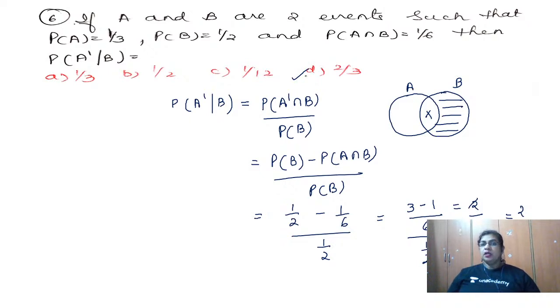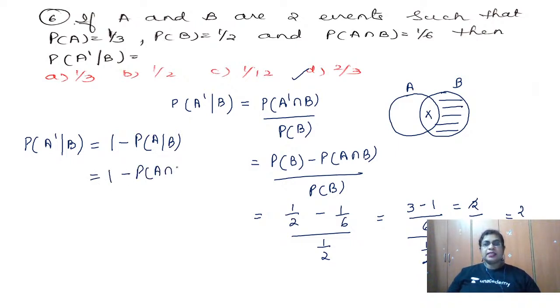Okay. Now the same question could be explained in another way. So what is it now? Here, the probability of A dash given B can also be written as 1 minus P of A given B. We know the sum of the two probabilities is always equal to 1, that is the event and its complement. So it is 1 minus, what is the P of A given B formula?